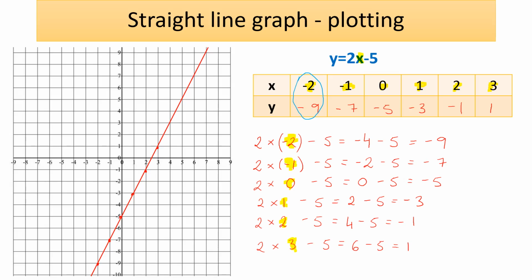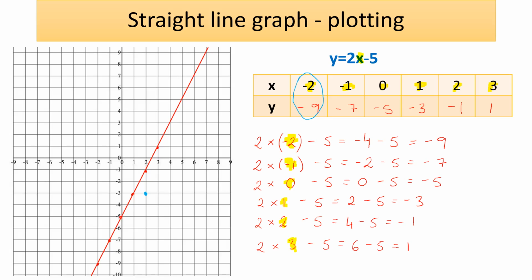Also, a little tip. If, for example, you start plotting your points, and let's say when you plot 1, -3, you made a mistake and it's right here. Now, if you can see that one point is kind of off, it doesn't fit into your pattern, it's not lining up, that's probably a mistake.